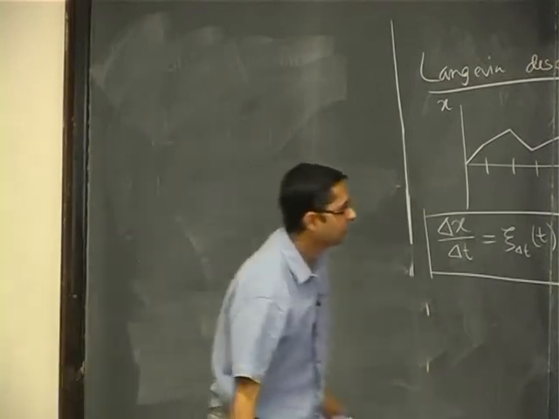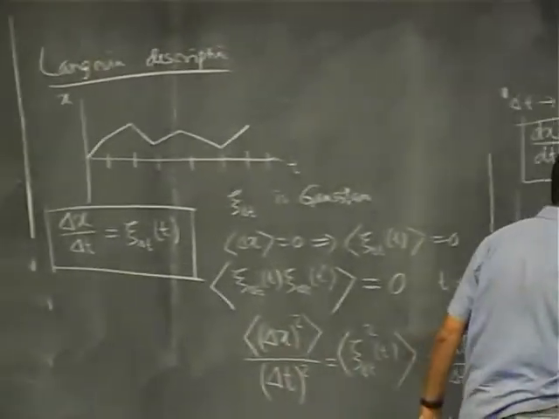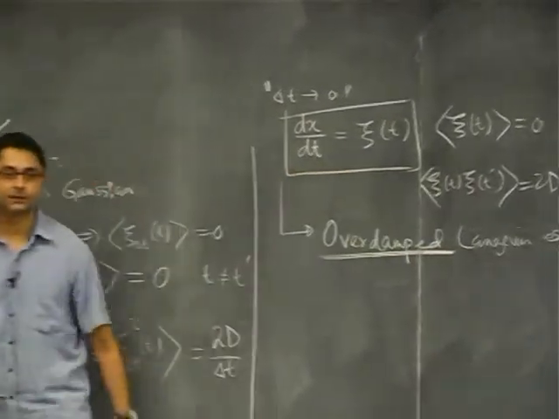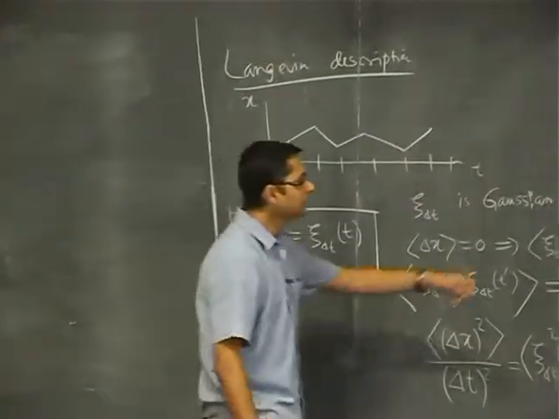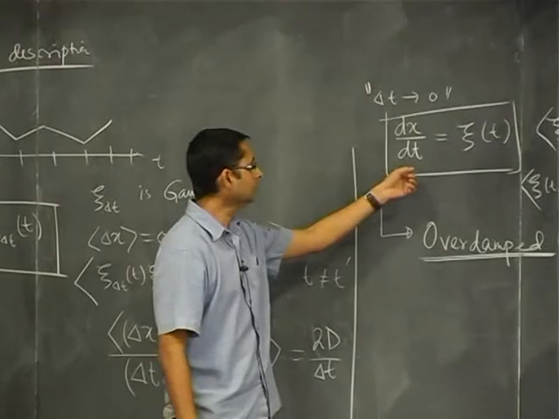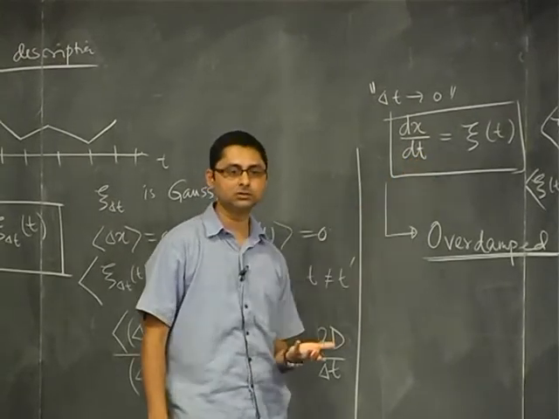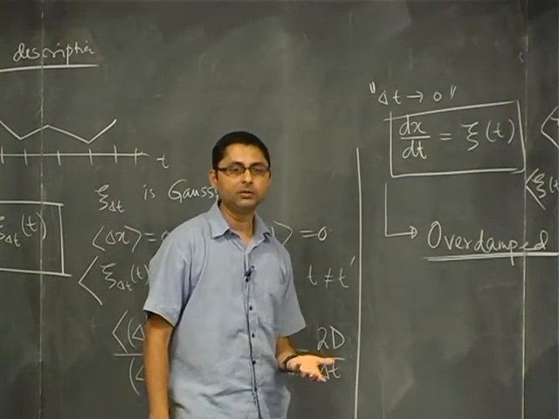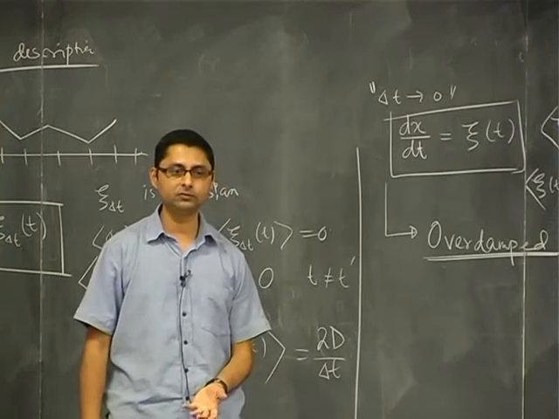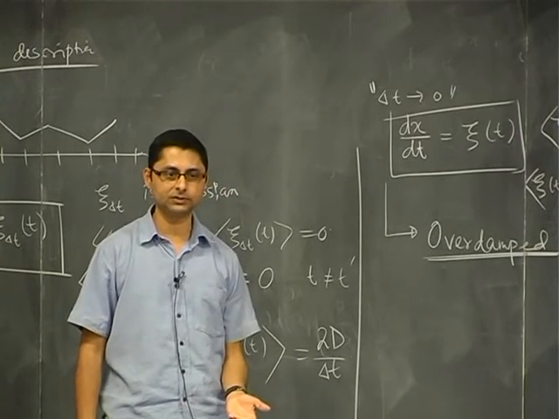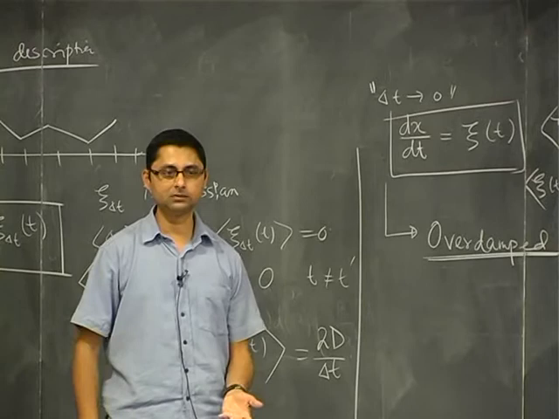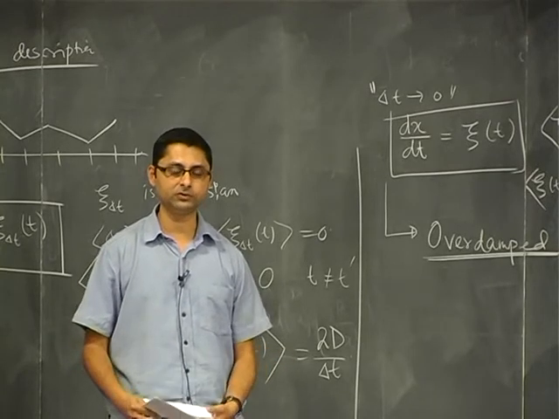I am going to explain the meaning of overdamped. You say that this is the equation, but what about Newton's equation? Newton's equation is the most fundamental equation for classical physics, and all particles should follow it.